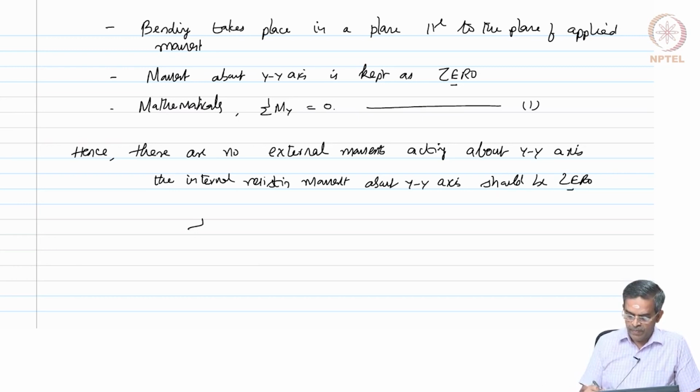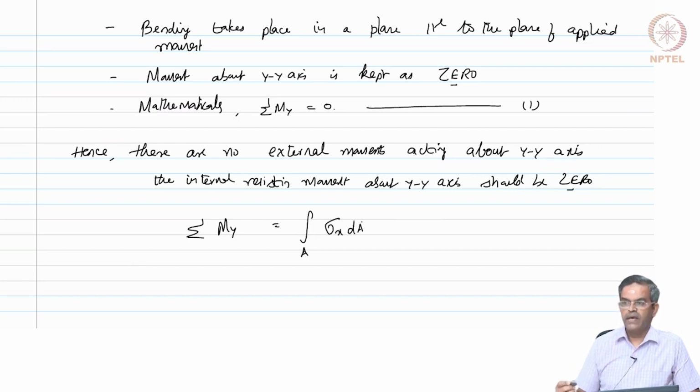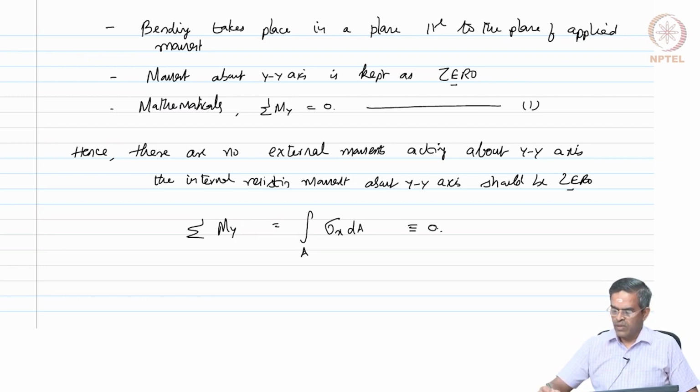So, can I say mathematically, My should be integral over area A of sigma x times z dA, equal to 0, equation 2. Okay.